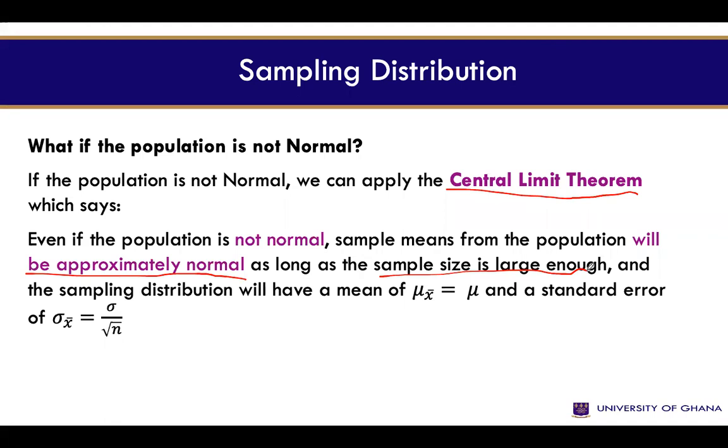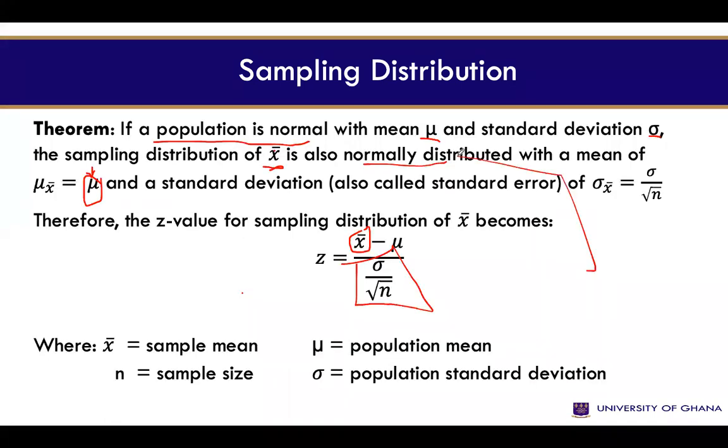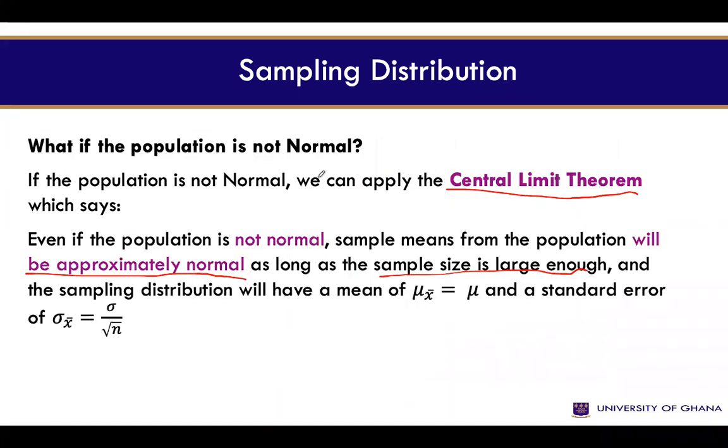If the population is normal, it is irrespective of the size of the sample, and the sampling distribution of the means is also normal. But if the population is not normal, the sample means will be approximately normal as long as the size is large enough.